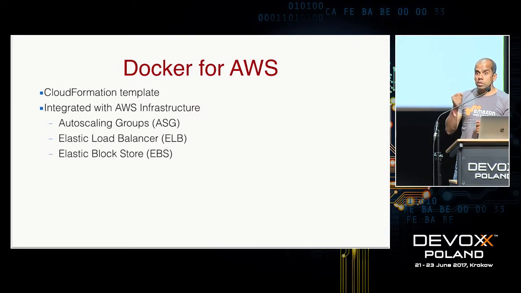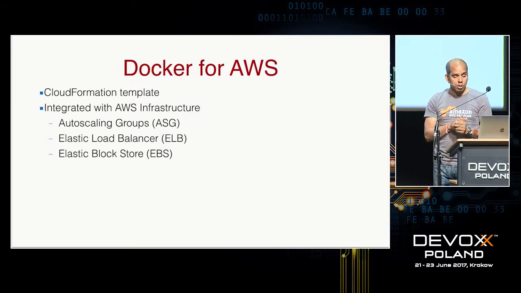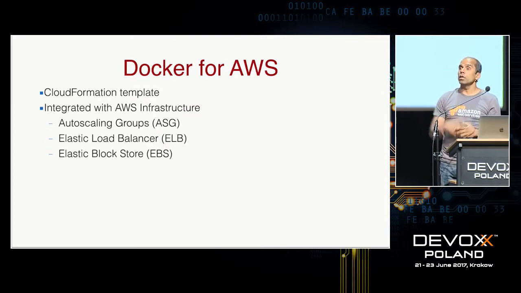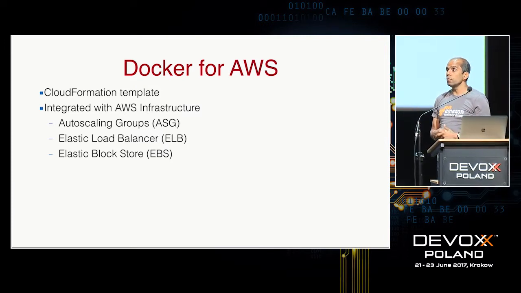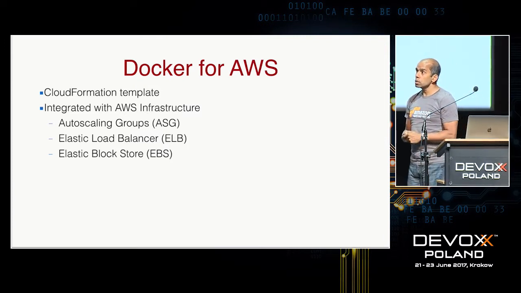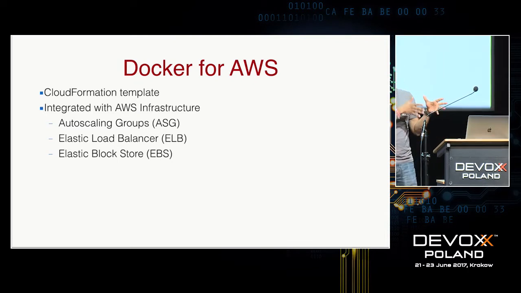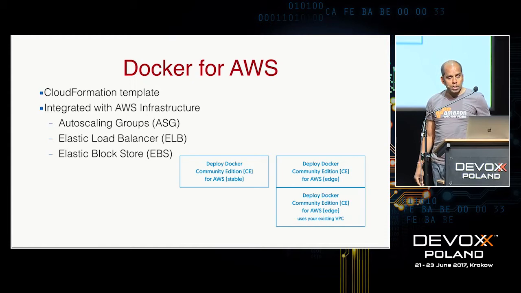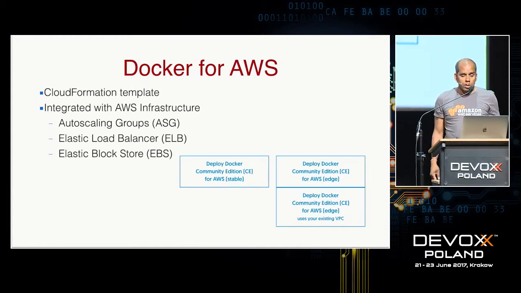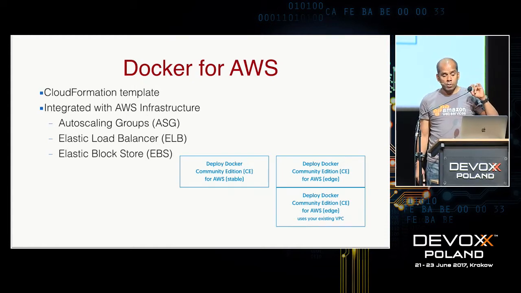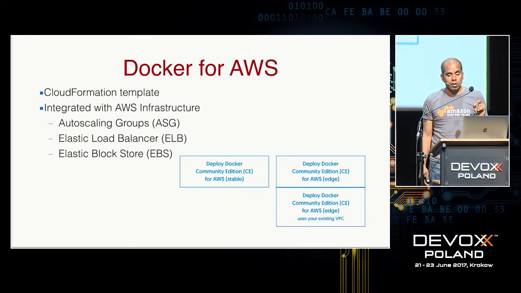So any services that you create in that Docker cluster can be front-ended with an ELB. It also has a connection with EBS. So now you're running, say, stateful containers, so your state could be stored on those EBS stores as well. So once again, you can download Docker Community Edition for AWS, or you can download Docker Enterprise Edition for AWS.